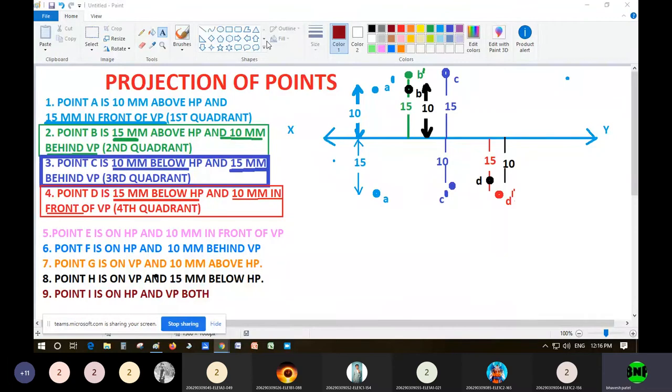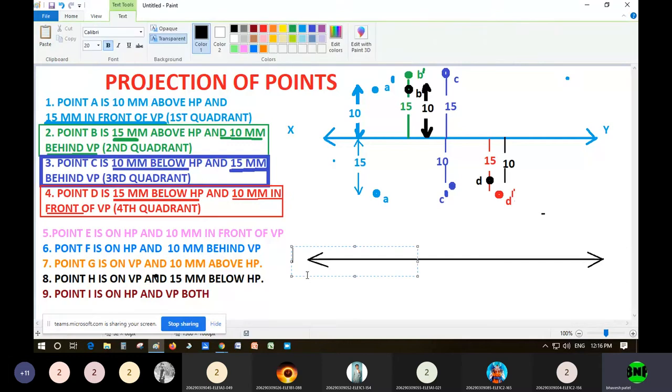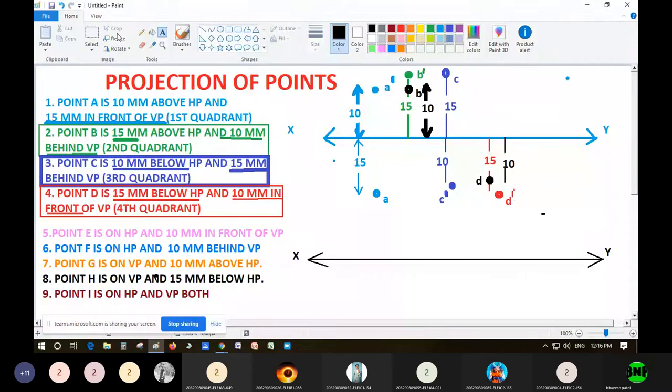Okay, so I will take another line, XY line, reference line, you can say. X and Y. Okay. So now let us consider this sum number 5.